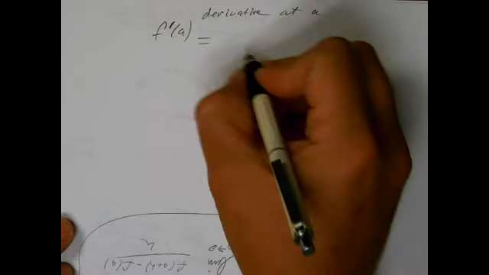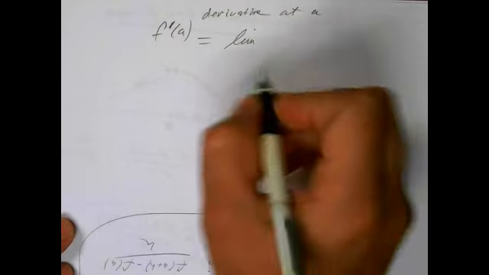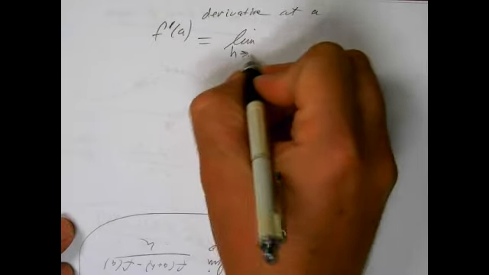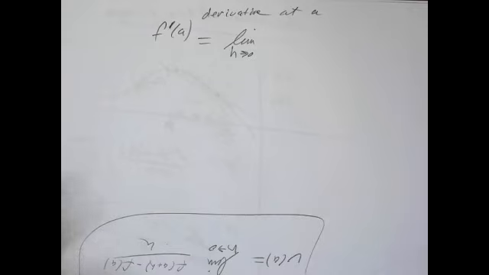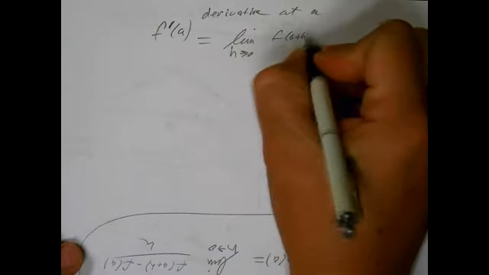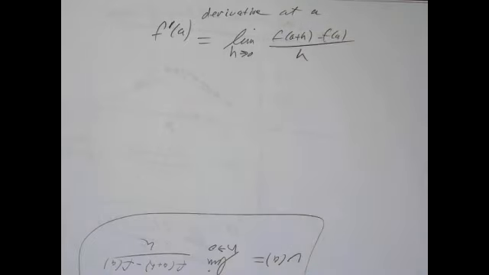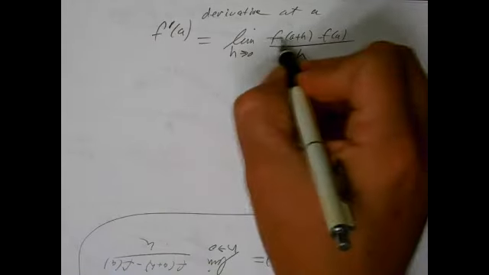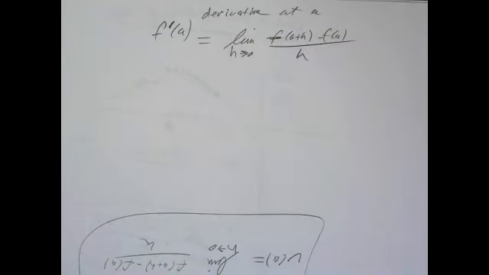and it is defined as the limit as h approaches 0, and again, I've written this several times now, it should start to be a little bit familiar to you, of f of a plus h minus f of a over h, right? And again, that is assuming the limit exists. As we all know, some limits can fail to exist, so therefore some functions can fail to have derivatives at certain points.